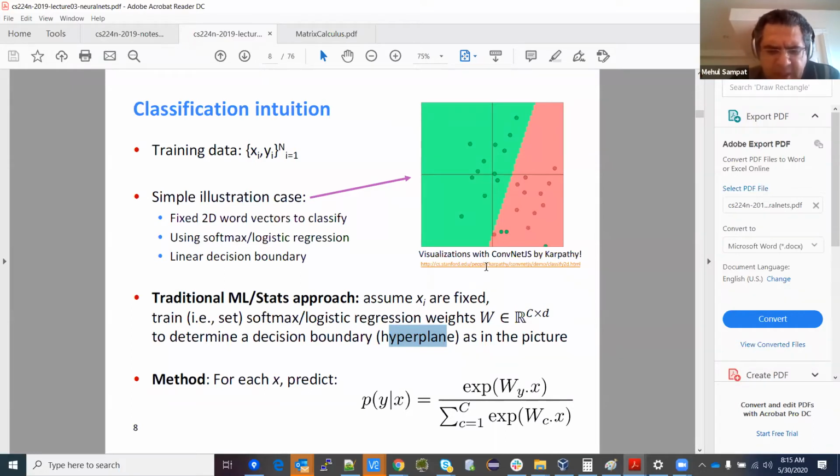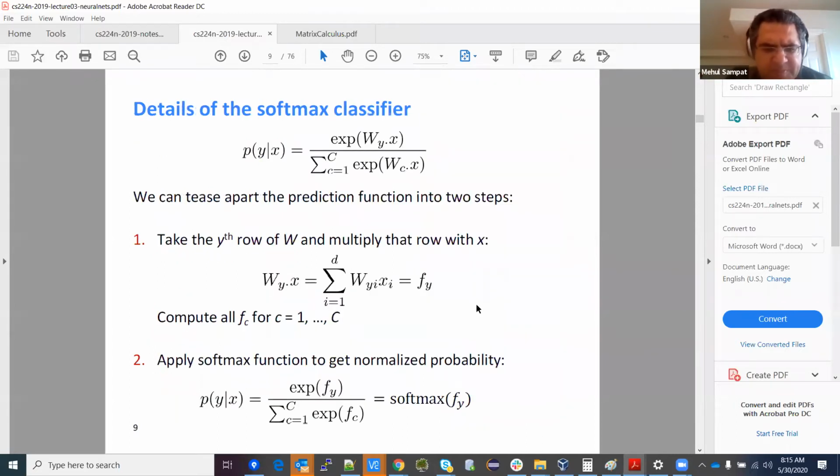For each X, we want to predict the probability that it belongs to a particular class Y, right? The way we can do this is in two steps.